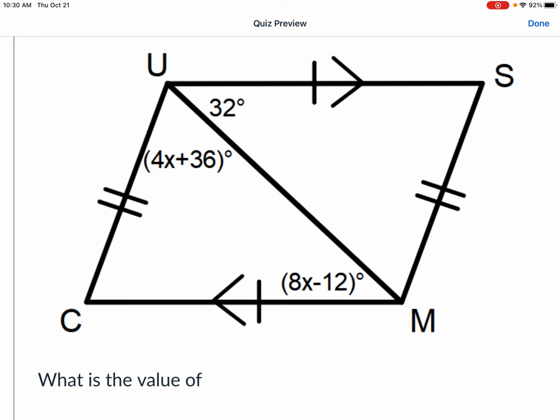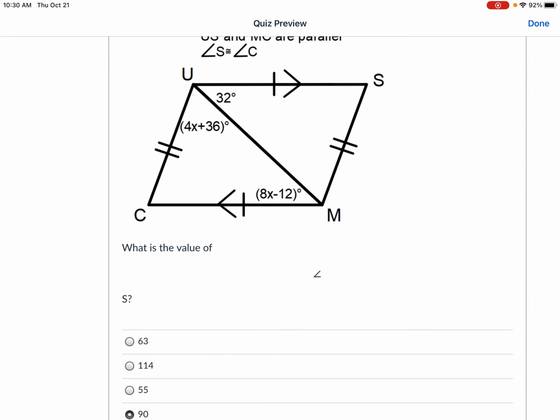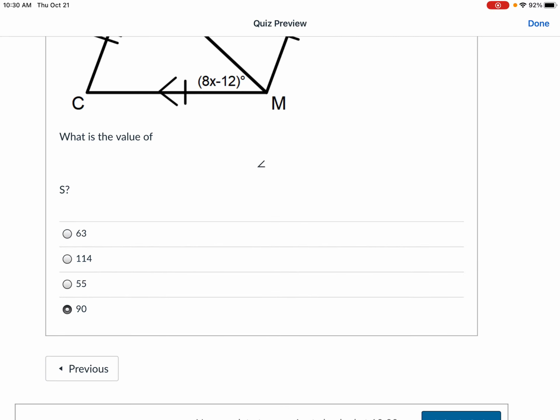You cannot go by what the picture looks like. You have to go with what the math says. This is something I've been trying to emphasize all year long. We don't care what the picture looks like. We care what the math tells us. And the math tells us that angle C and angle S are 90 degrees. So that's what we're going to go with.